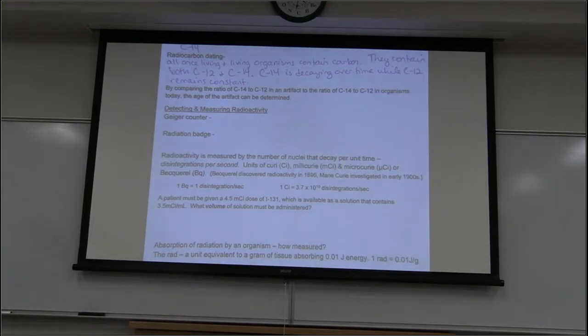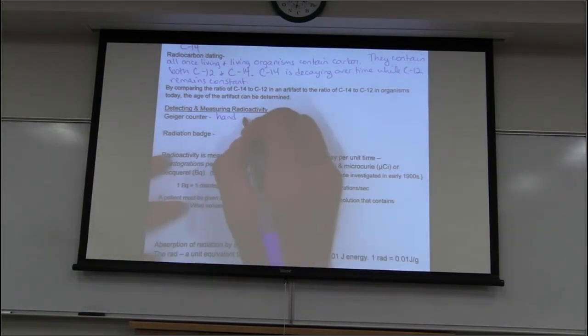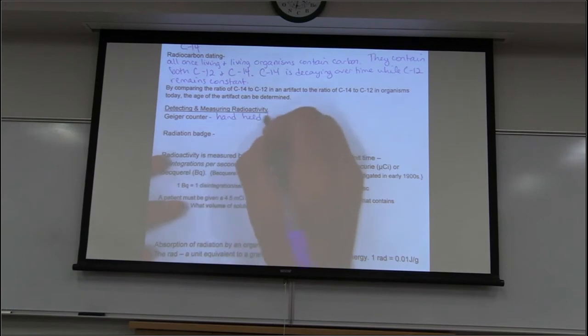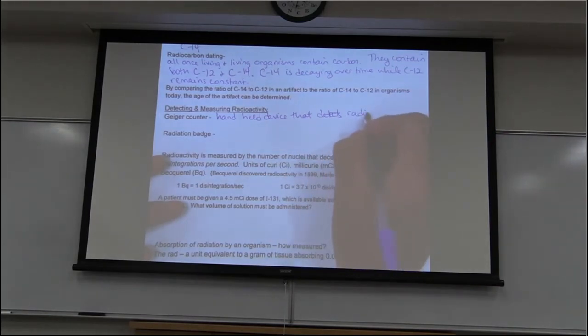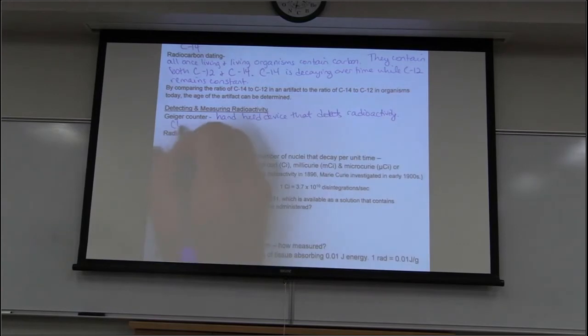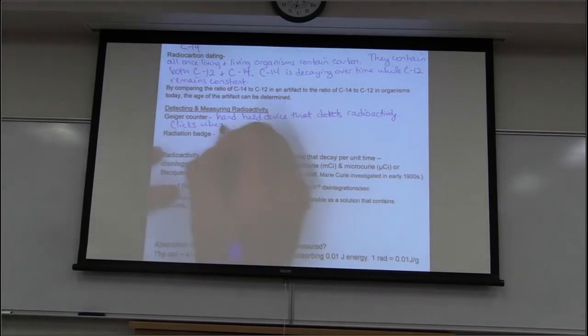All right, so how do they detect radiation? One of the ways is with a Geiger counter. And if you ever get a chance to play with a Geiger counter, it's pretty fun. It's a handheld device that detects radioactivity, and it clicks when radiation is detected.